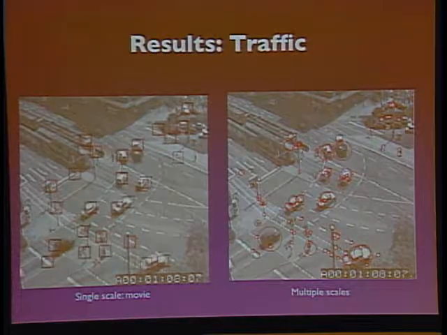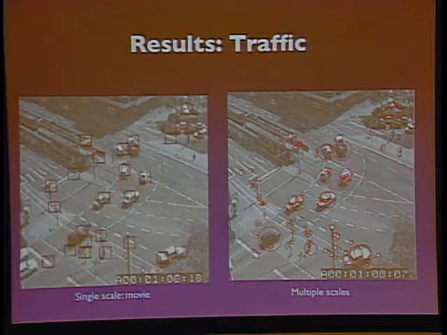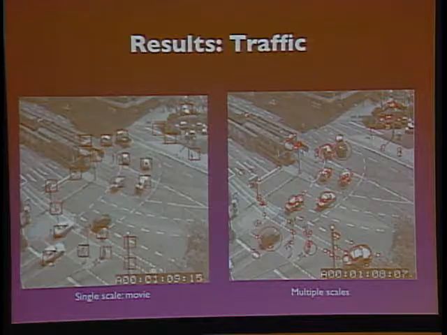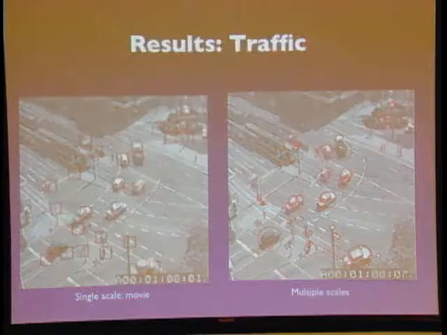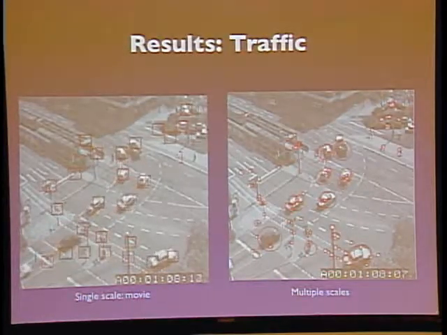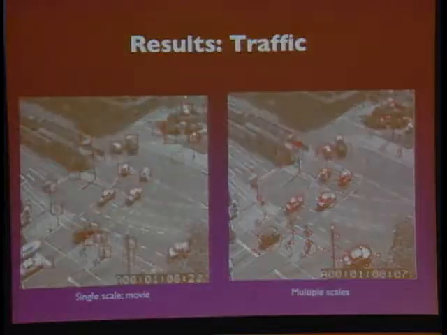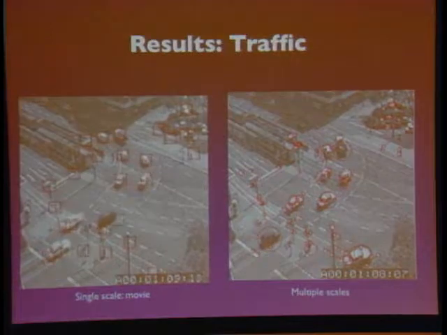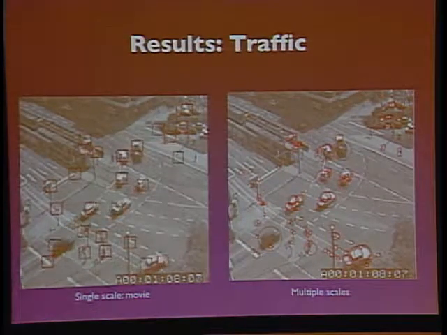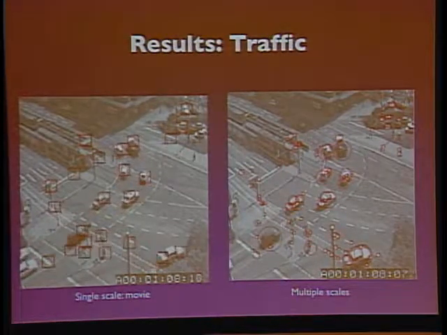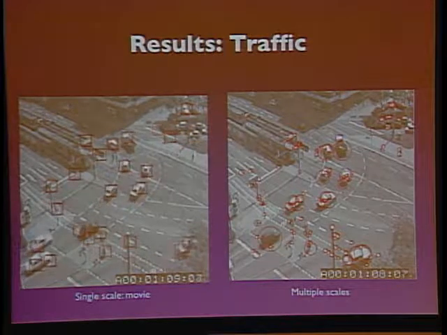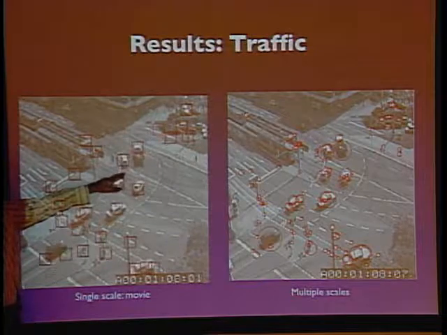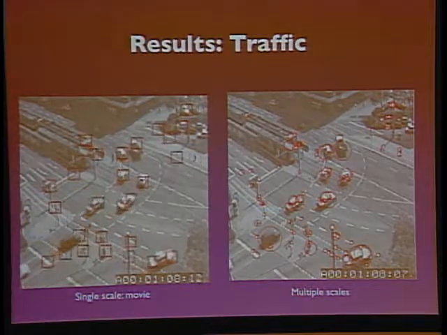So here's a result. On the left, what we're doing in this movie is, in each frame, identifying these interesting regions based on edge orientation histograms, the entropy in those, at a fixed given scale. And what you should see is that it does a fair job of doing something intuitive in the sense of always saying that the moving cars going through the intersection are interesting parts of the image.